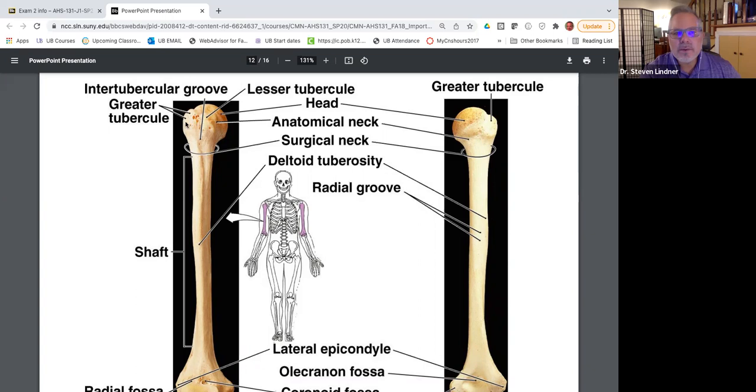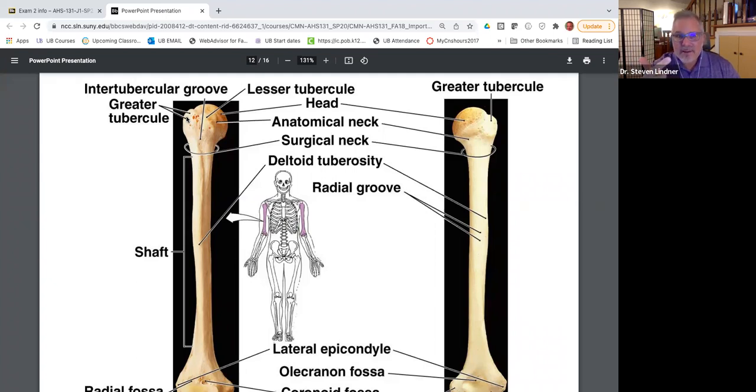The greater tubercle right here is the attachment site for 3 of the 4 rotator cuff muscles. The rotator cuff muscles we call SITS, S-I-T-S. The S is for supraspinatus.